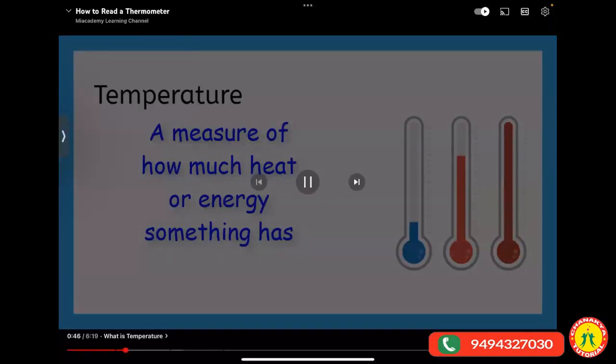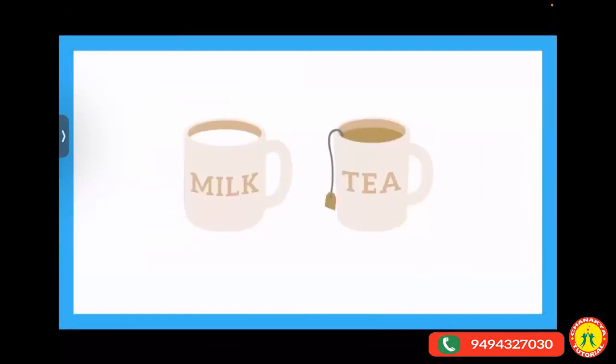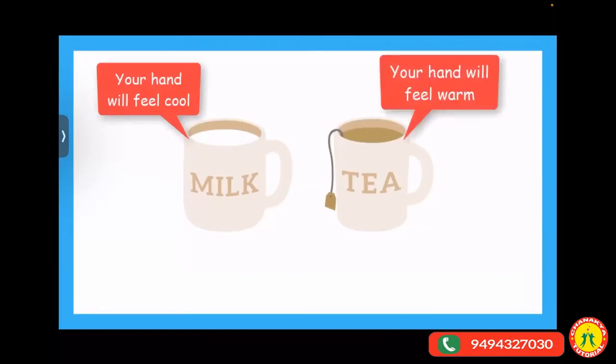There are a lot of tools that help us measure temperature, but a simple way is by using our senses. Now let's imagine you have a mug of cold milk and a mug of hot tea. If you wrap your hands around the mug of cold milk, your hand will feel cool. And if you wrap your hand around the mug of hot tea, your hand will feel warm.